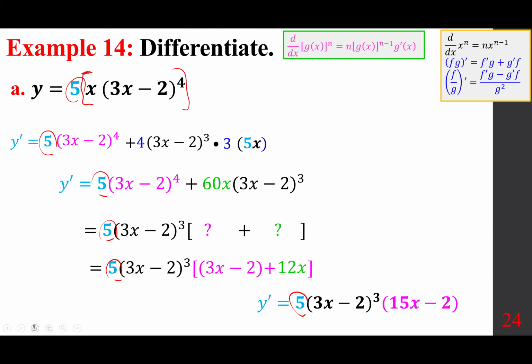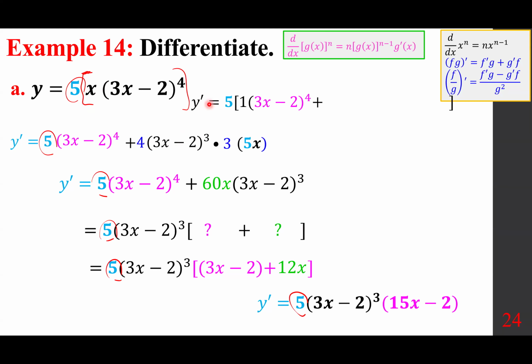I don't think it makes much of a difference here because 5 is a small number, it's easy to deal with. If it's, let's say, 10,000 or 1/3 or 2.5, you definitely want to keep it out because it really messes up the process. So now, when you go through this, the derivative of x is 1. So this becomes 1. This remains the same, and this becomes x.